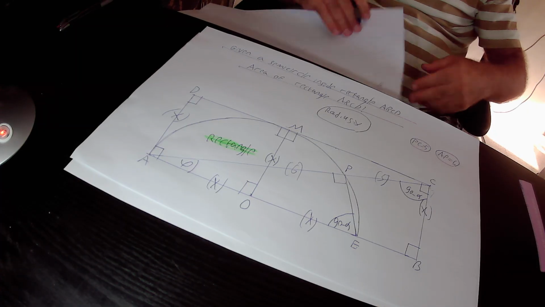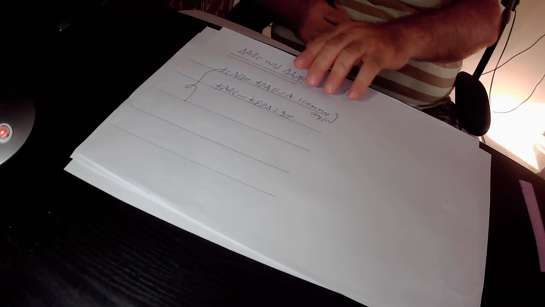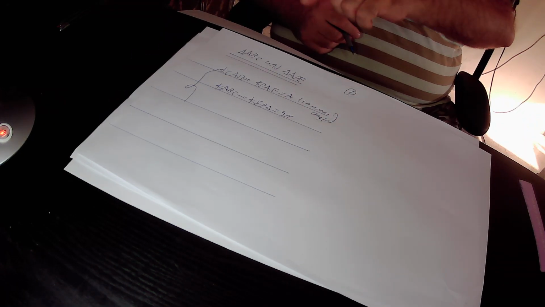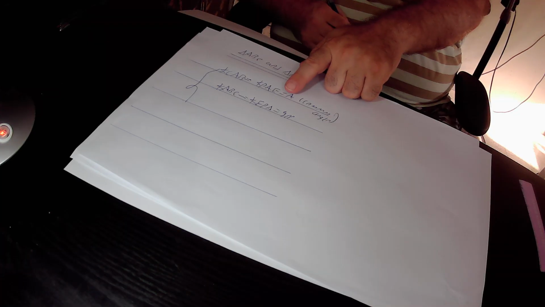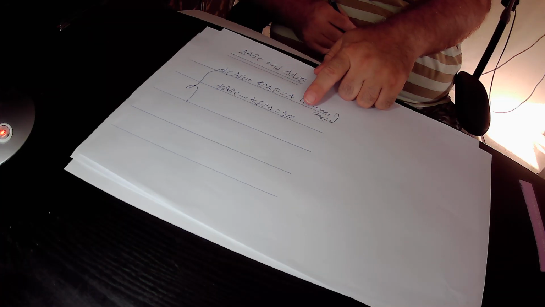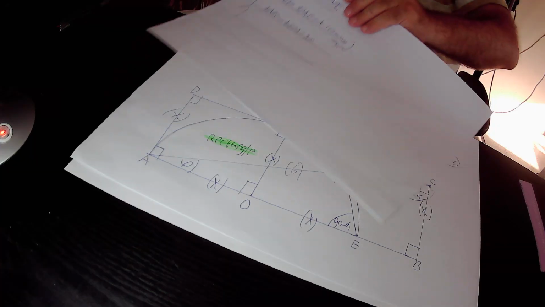So repeat again, angle ABC in the big right triangle ABC equals to angle EPA in the small right triangle APE. They are both equal to 90 degrees, and therefore they are equal to each other.